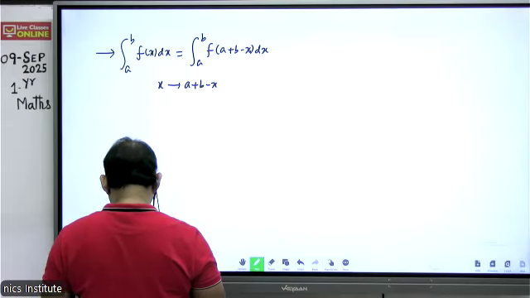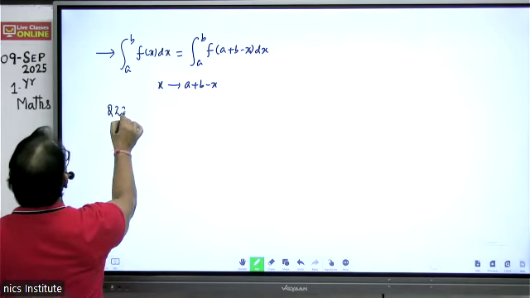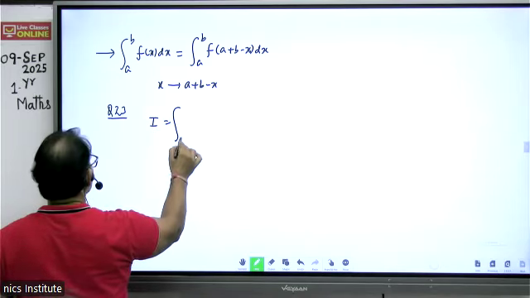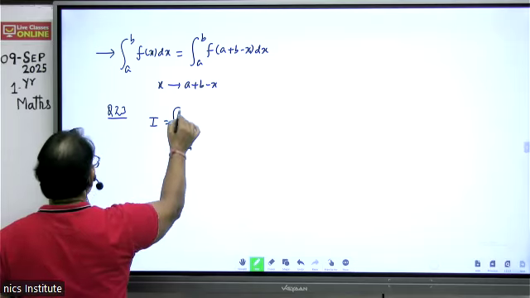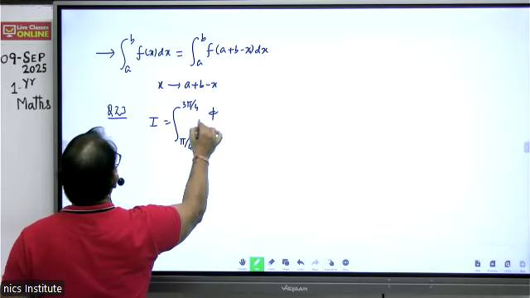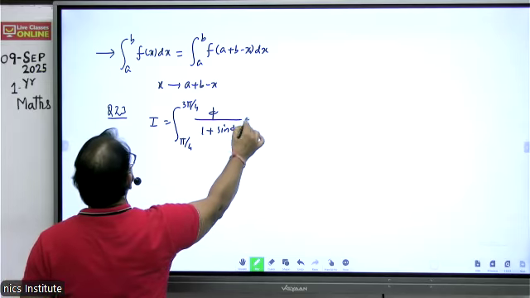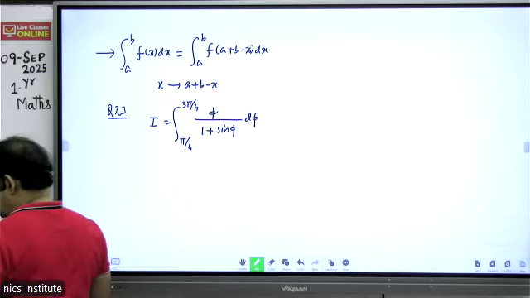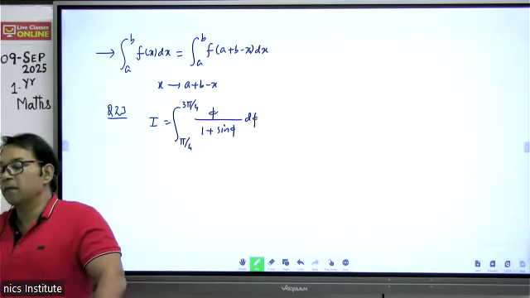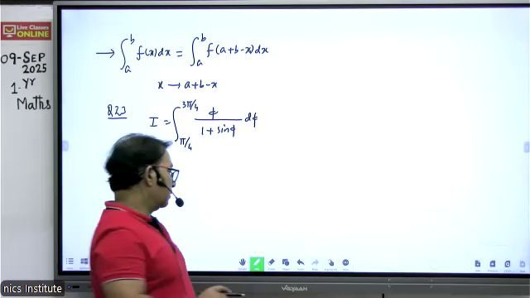Let's answer question number 23. Question 23: limits pi by 4 to 3 pi by 4, phi divided by 1 plus sine phi, d phi. If you want to integrate otherwise, you have to rationalize and use integration by parts. It will be very lengthy. But using the property, you can easily answer this.